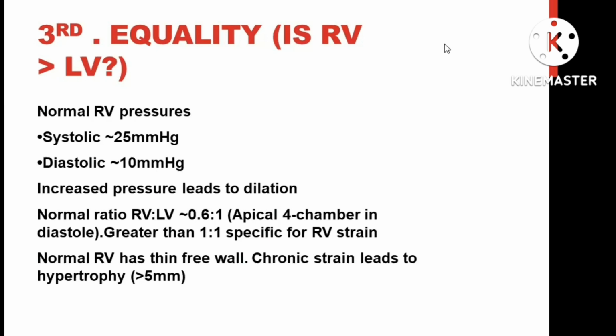If it's greater than 1 to 1, it's specific for RV strain. So the normal right ventricle should have a thin wall, and sometimes RV hypertrophy can also be diagnosed if the thickness is more than 5 millimeters.